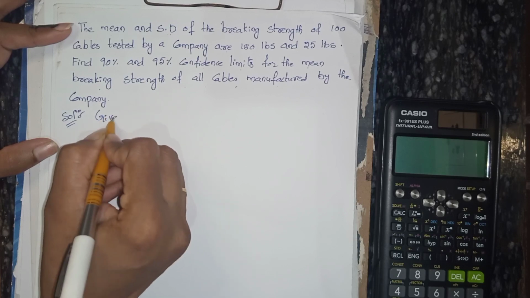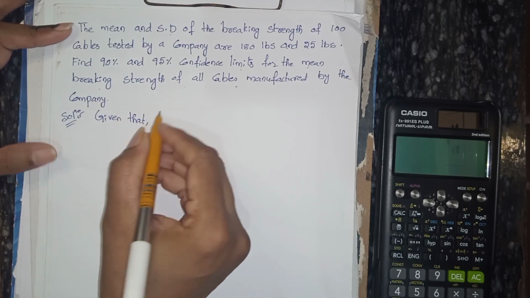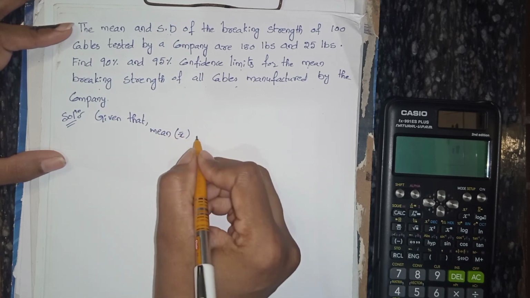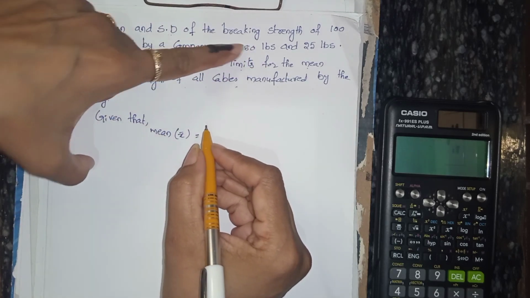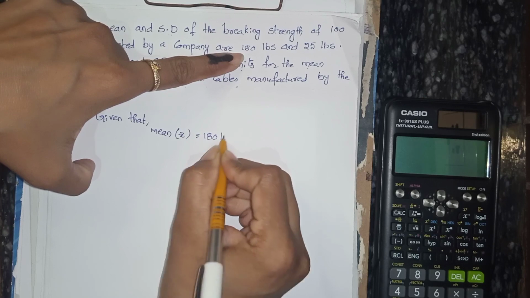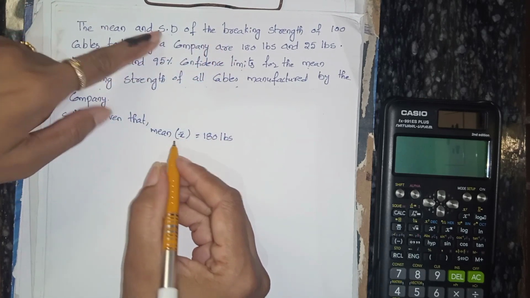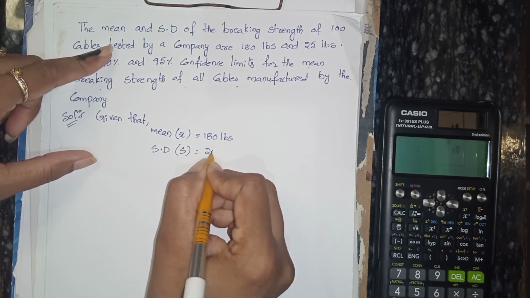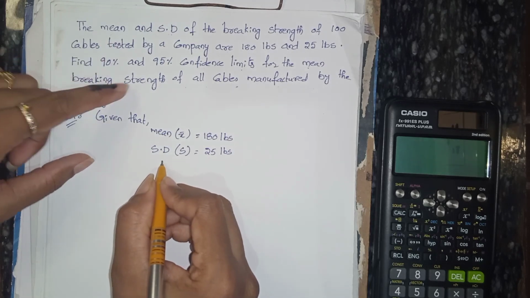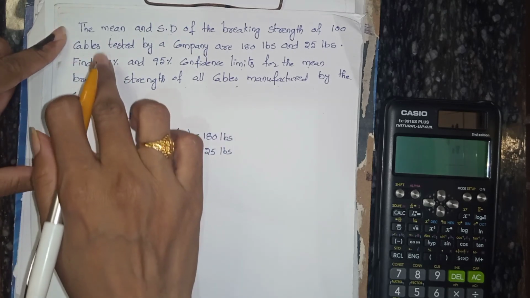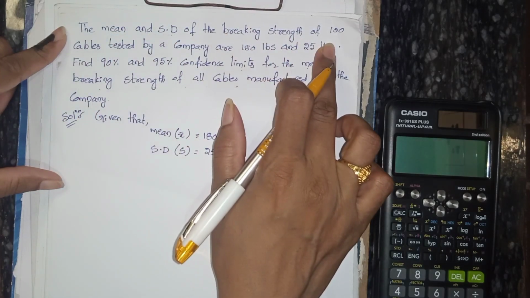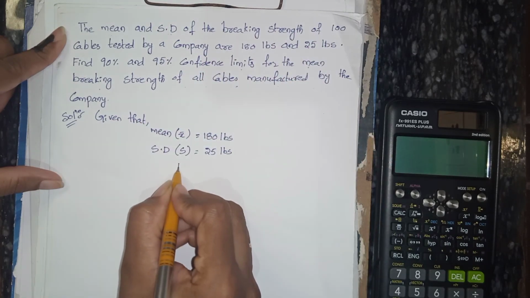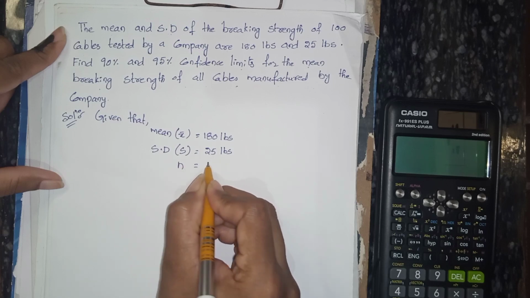Given that, mean x bar equals 180 lbs, standard deviation S equals 25 lbs, and sample size N, strength of 100 cables tested by a company, that is 100.